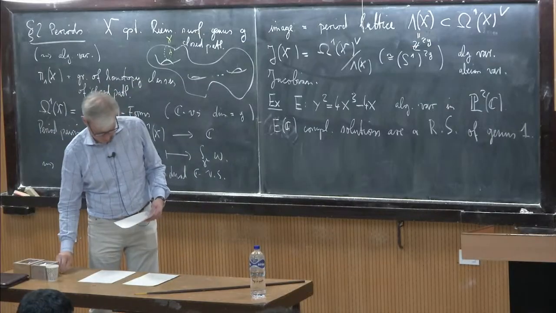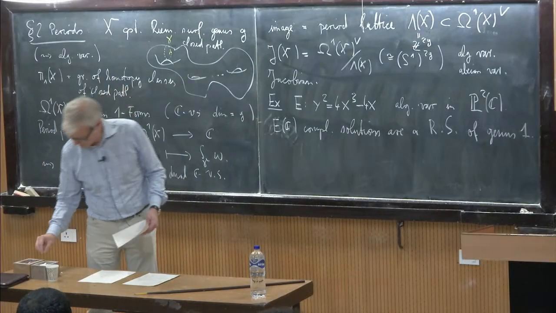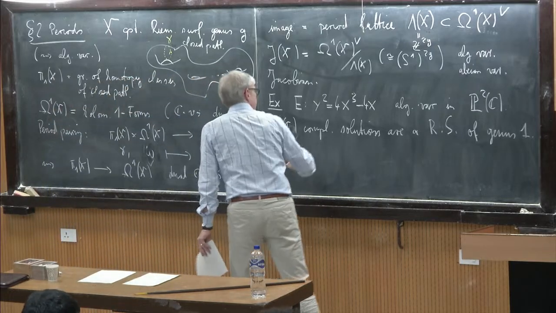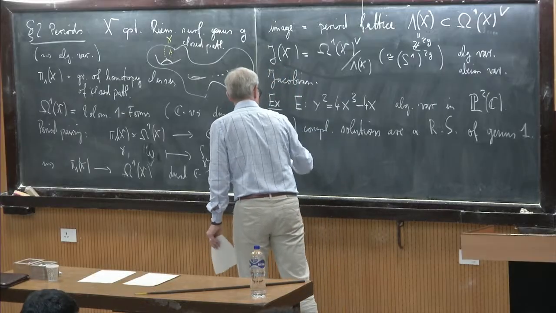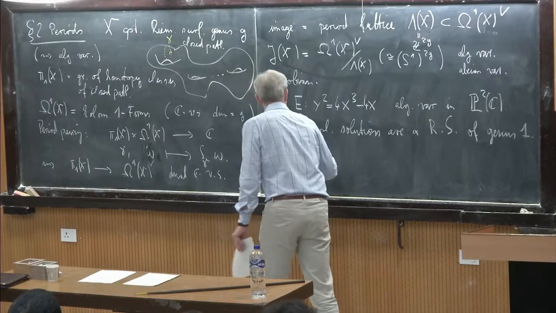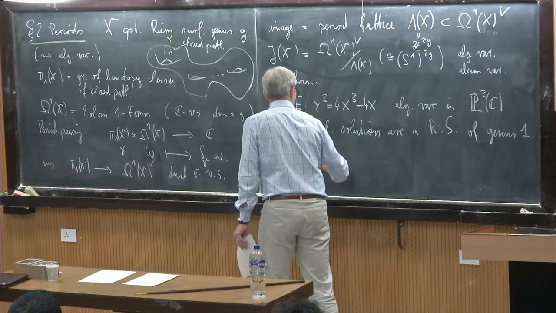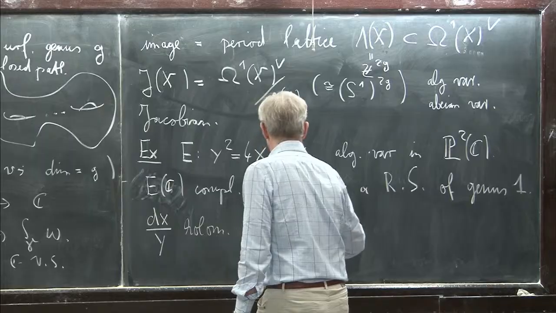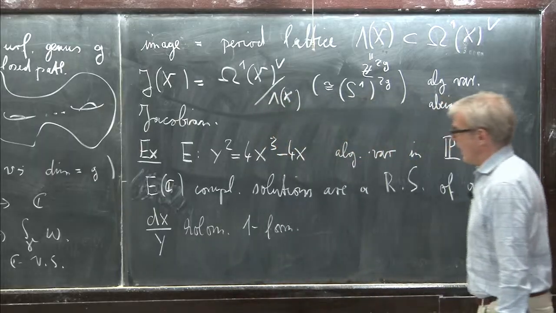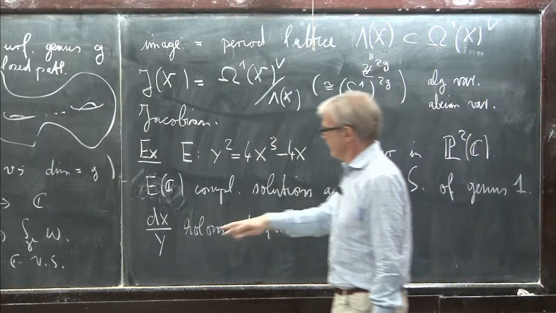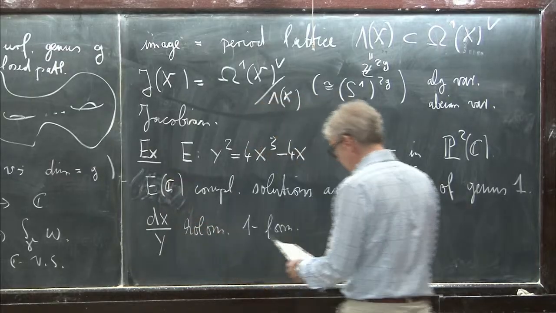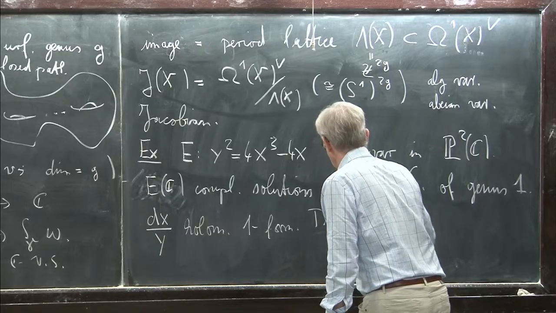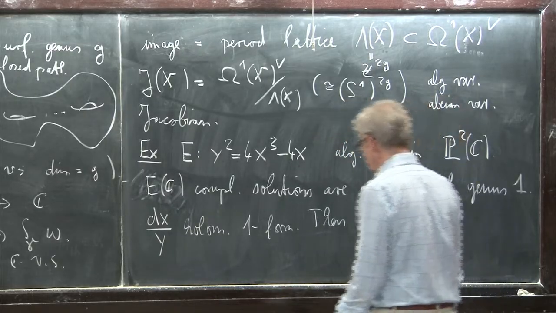And one checks that if you write down the following form, dx over y, this gives a holomorphic differential one form. And now I can consider somehow the periods here, and then I can identify the period lattice of this.